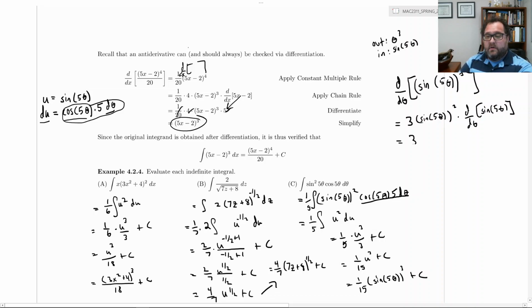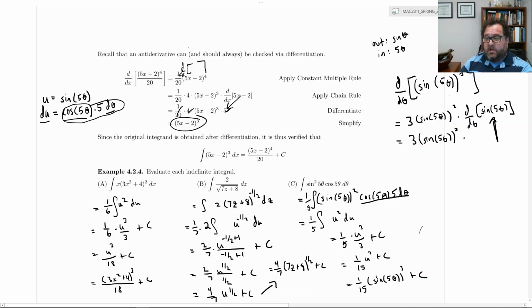So equals 3 times sine 5 theta squared times, okay, now let's update our outside and inside function for the new chain rule. Looking at this derivative, the outside function is sine theta, and the inside function is 5 theta.